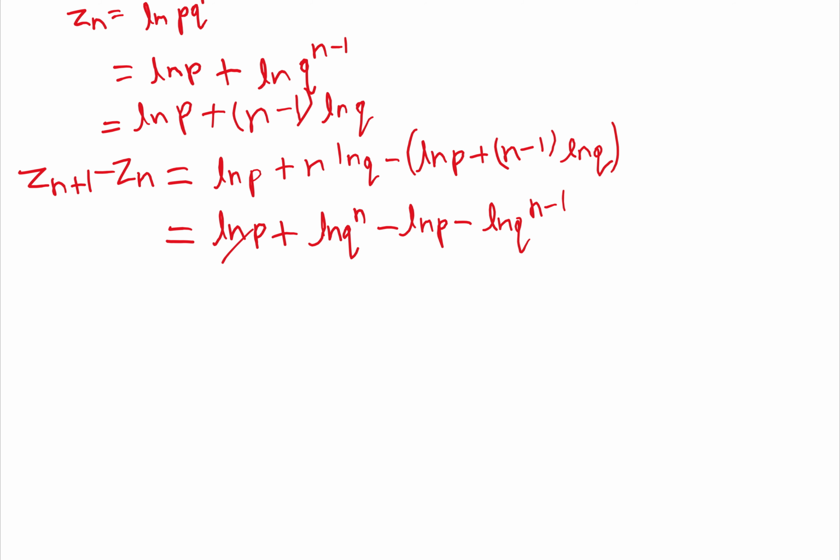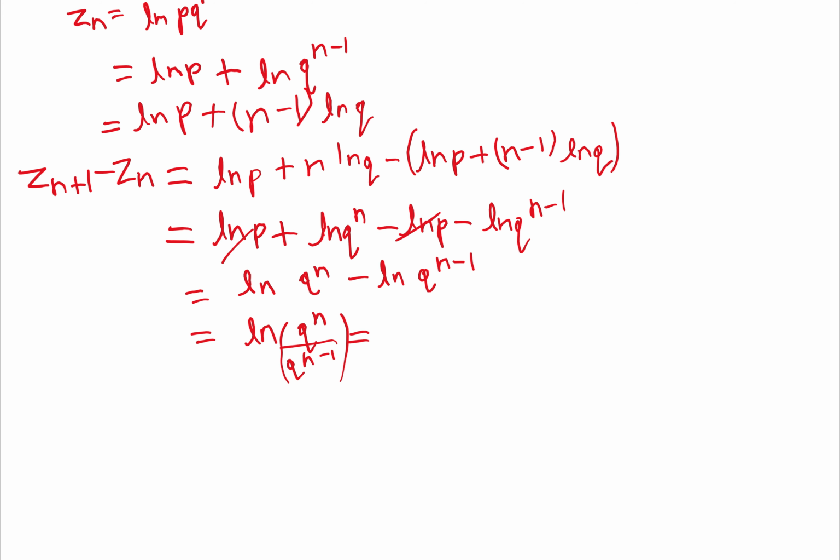So from here we can cancel ln p's and we are left with ln q to the power n minus ln q to the power n minus 1. And using laws of logarithms, this is ln of q to the power n over q to the power n minus 1, and this will be equal to ln q. So now we have verified that this is an arithmetic sequence with common difference ln q.